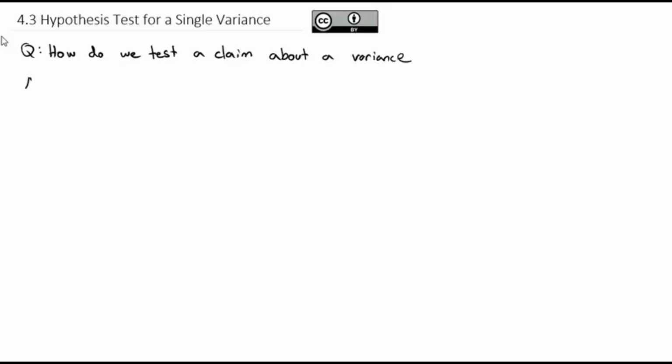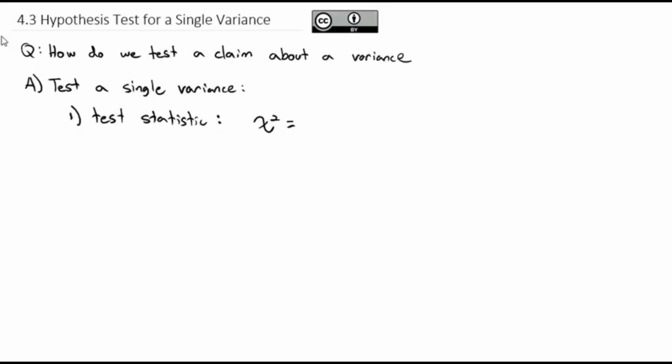And when we're testing a single variance, we have a test statistic, which is a chi-squared statistic.